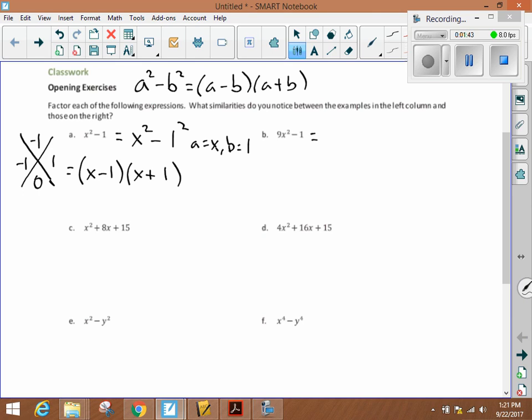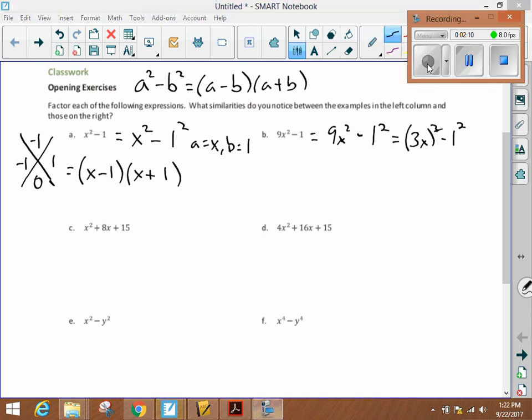Again, this is difference of squares, and that's going to be my preferred method of looking at this, right? So the square root of 9 is 3. Right, so I'm going to write this as 9x squared minus 1 squared. So I can rewrite this, right? Isn't that the same thing as 3x squared minus 1 squared? So now that I've done that, I know what my a and my b are.